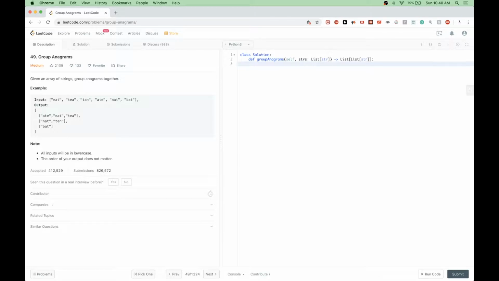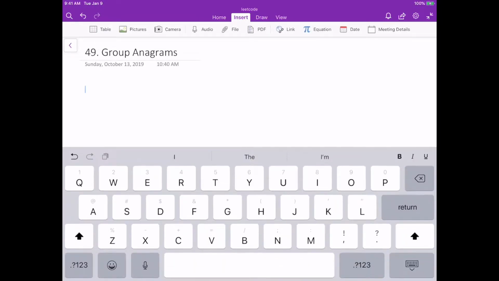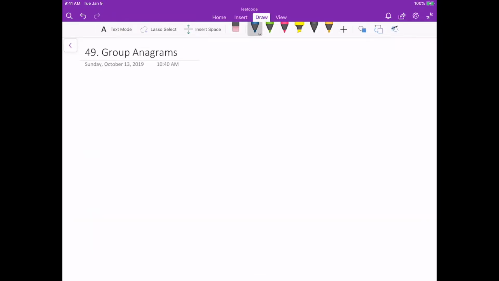So how can we solve this problem? The first thing we can do is, okay, let's just write the example and see how we can solve it. So the first example we have is this list here.